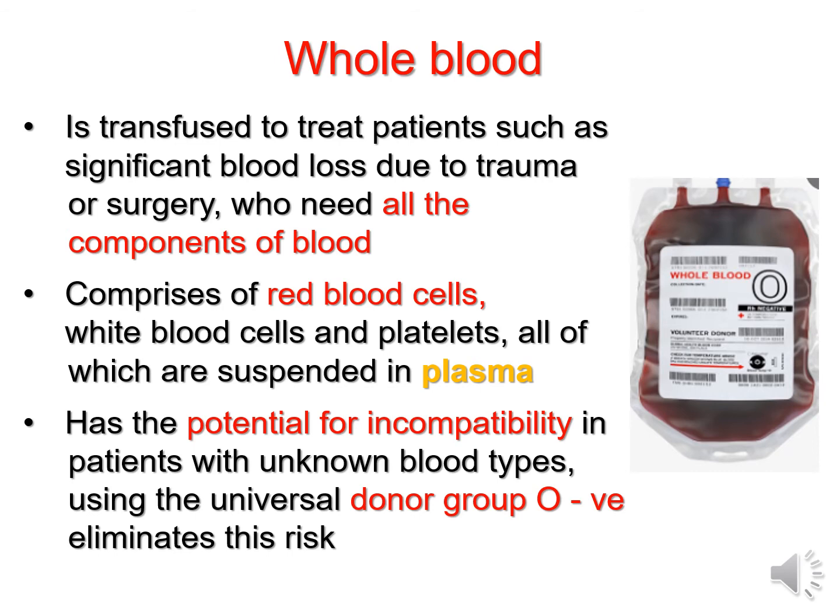Unfortunately, because you've got all these different components, there's a potential for incompatibility in patients with unknown blood types. So using the universal donor, O negative, eliminates that risk. It's the most universal of all the universal donors, O negative.